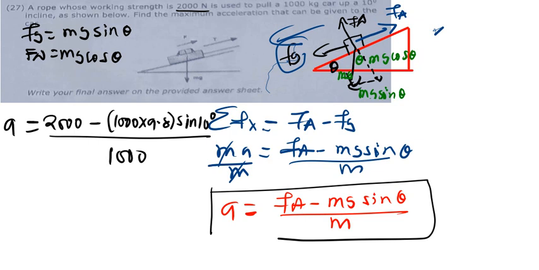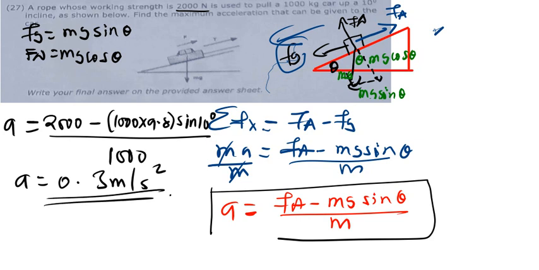Then divide it by 1000. I'm getting my acceleration to be 0.3. Confirm. Those having calculators? Yes, 0.298, which is 0.3 when rounded.